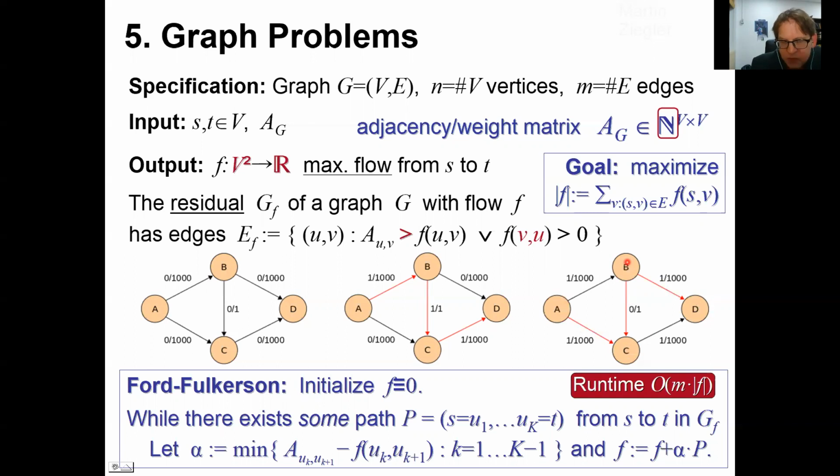And then comes the next iteration, which is omitted here, but it's the same as here. Ford-Fulkerson considers this path again, right? Remember that this edge here has been used with flow 1 in this direction, but here a flow in the opposite direction of magnitude 1 has been assigned, and the two flows cancel, so that there's no flow after the second round, so that in the third round the same flow can pass through the network again.